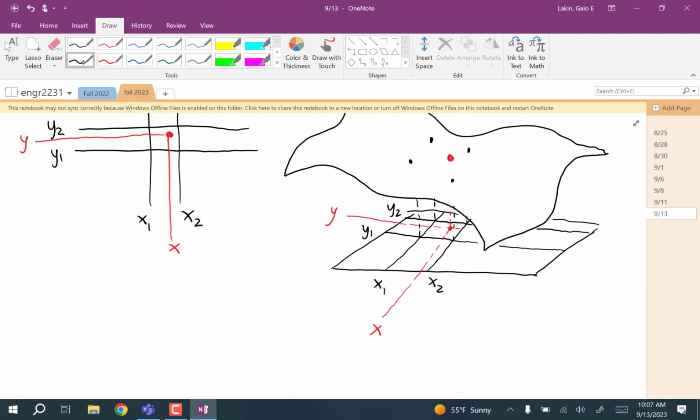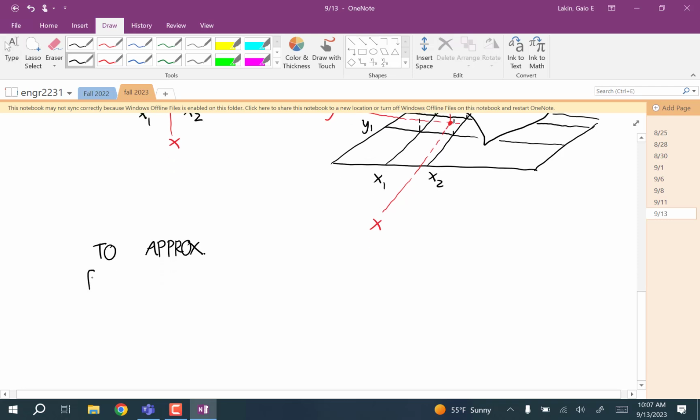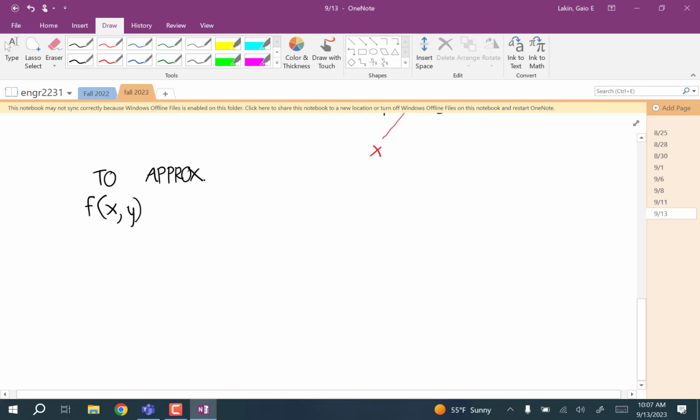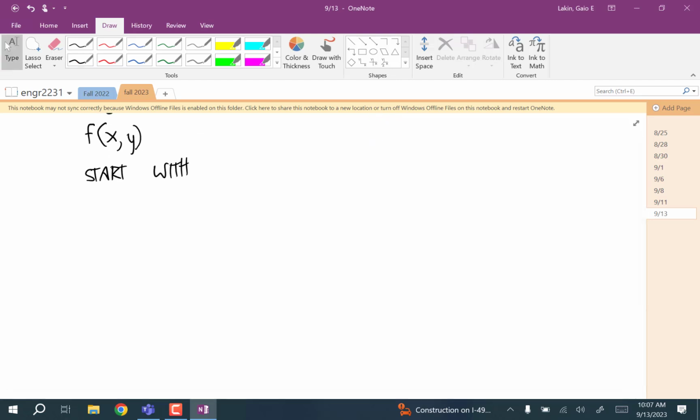All right, so how do you do this? To approximate the function f of x, y, you're going to start with 4 of these values. Let me just write them out in a grid first like this.